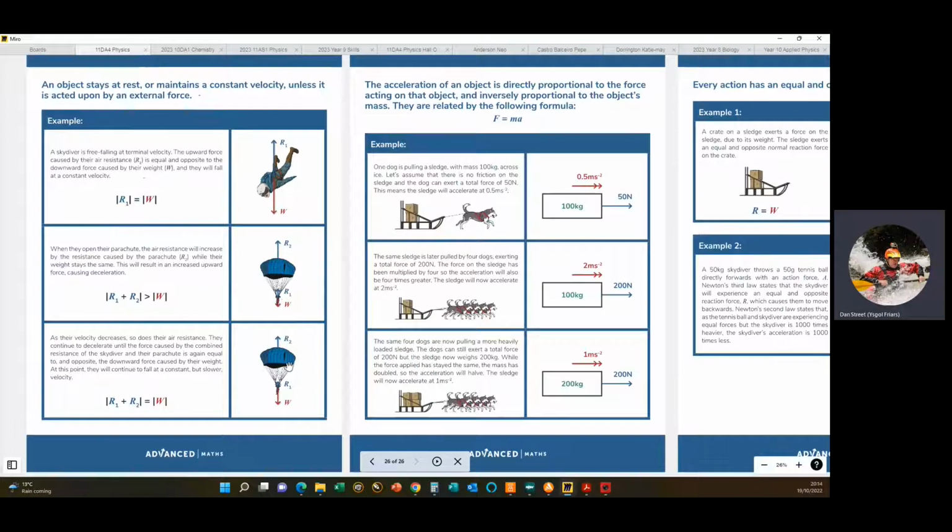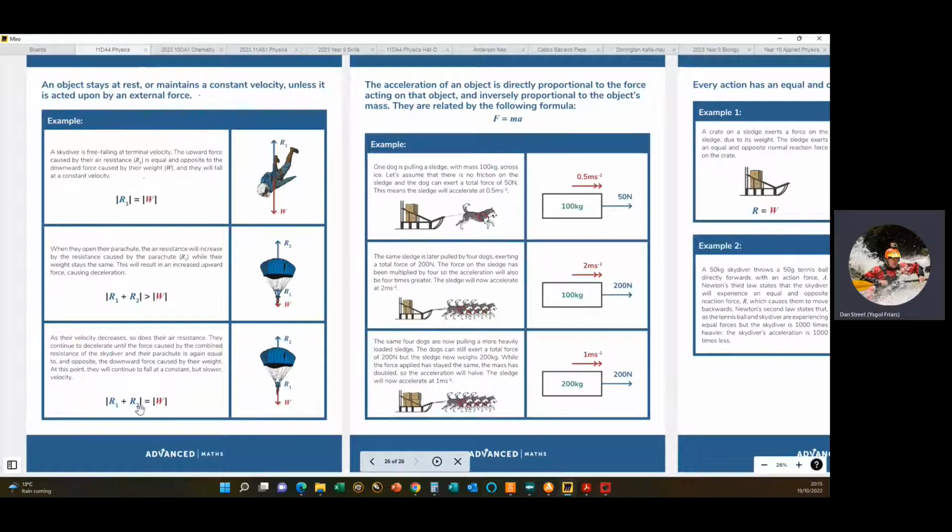And then finally, once the parachutist reaches a lower terminal velocity than when he's free falling, we end up in a state of balance again. So once the parachutist accelerates, even though he's got a parachute, he will accelerate, but he will only accelerate to a much lower terminal velocity because the additional resistance of the parachute will reduce that velocity, and we end up again in a balanced state.